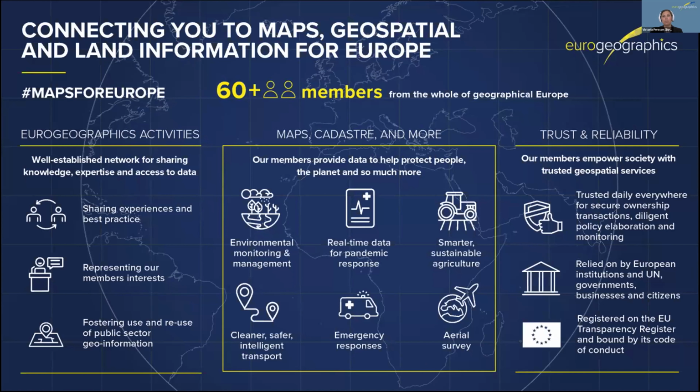One of the most important parts of our members' data is that it's authoritative. It's trustworthy, reliable, and relied upon by national governments, but also by international institutions like the EU and the UN. And we as an organization are also registered on the EU Transparency Register, as a gauge to show that you can trust us as an organization as well.